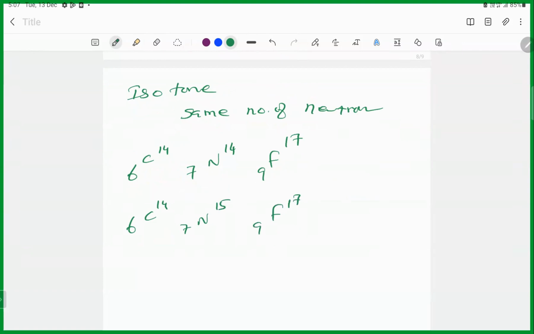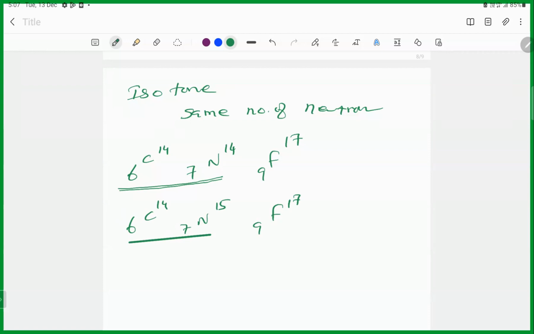Isotope means same atom, different mass number. So it's not an isotope. Isobar means same mass number, different atom. Correct? Yes, sir. So according to that, these two will be isobar. The next one, the below one, will be isotone. Yes, sir.